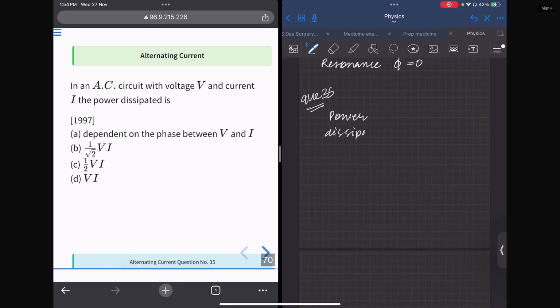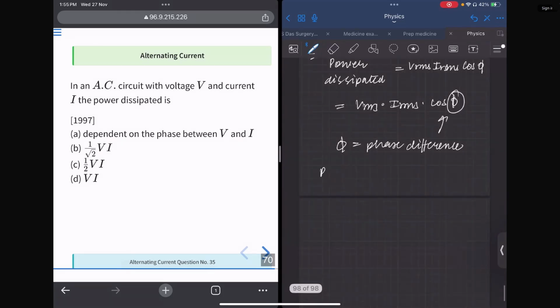Power dissipated is VRMS into IRMS into cos phi. V and I are mostly constant, so they do not fluctuate much. The power dissipated depends on the phase difference, where phi is the phase difference.